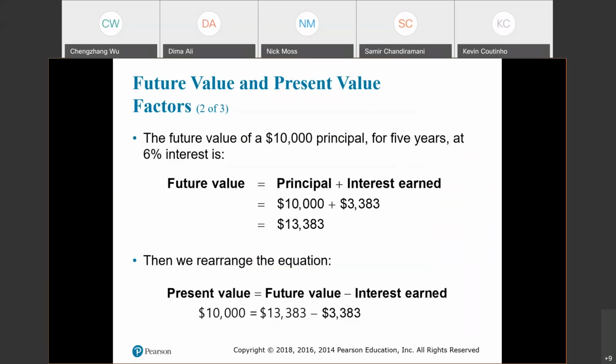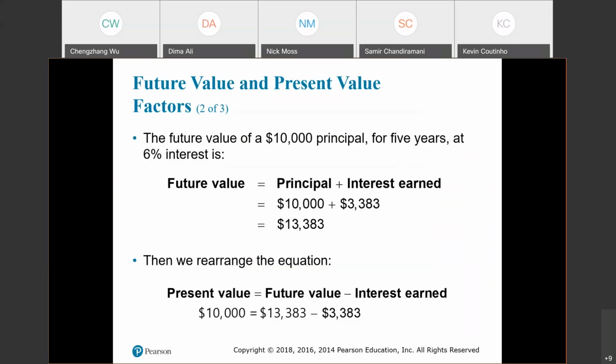Similarly, we can also use the present value table to calculate the present value. For example, now I know the total money I can earn in the future during 5 years is $13,383, and I know the interest rate is 6%.